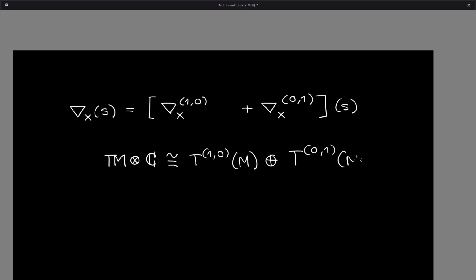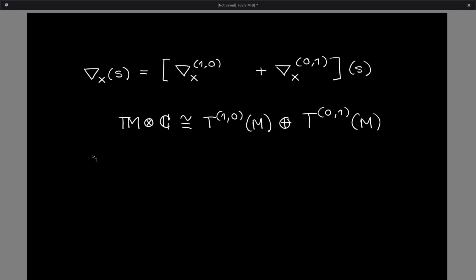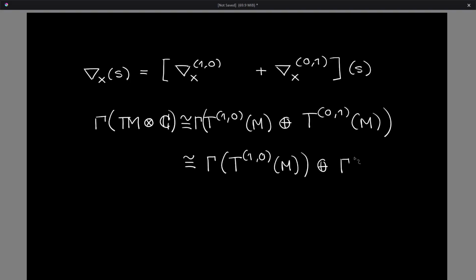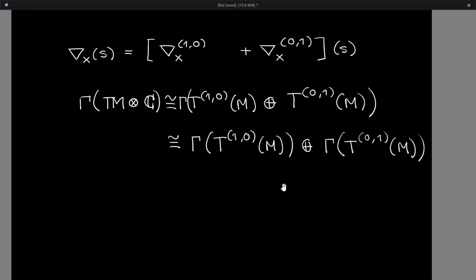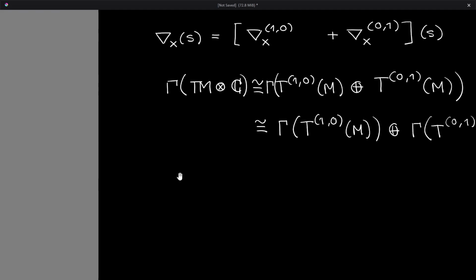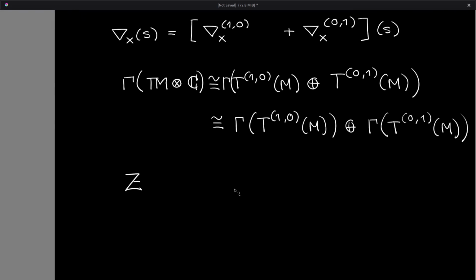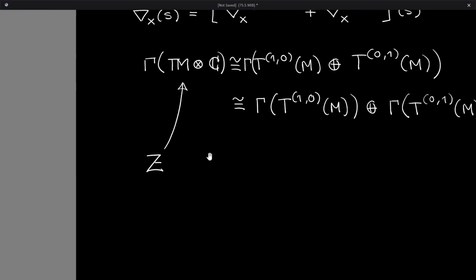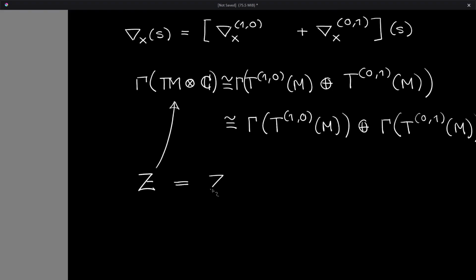So if we take sections on both sides, then gamma of this is isomorphic to gamma of T10 M plus gamma of T01 M. Which means that if we have a vector field Z on the complexified tangent space, then we can decompose this into Z10 and Z01.